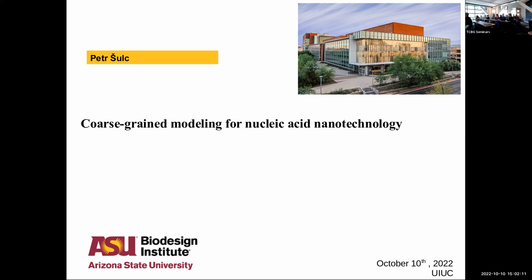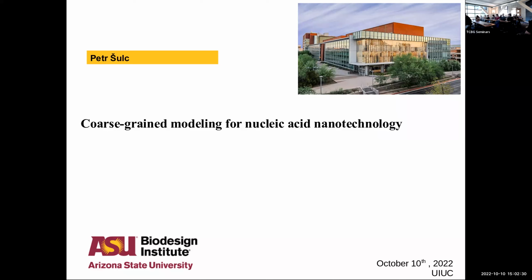So Petr got his bachelor degree in theoretical physics from a university in Prague, and then he got 2 master's degrees, both in esoteric fields, quantum science, quantum physics, and some numerical simulations.